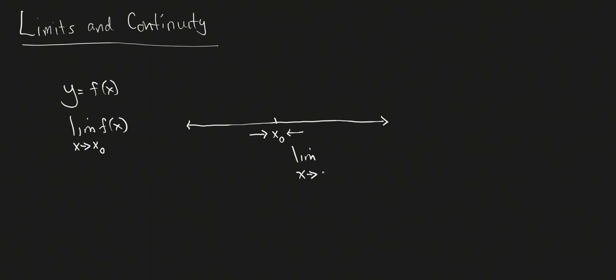So if we want to specify that we're approaching x0 from the right, then we would do that, and say, what's the limit of our function when x gets closer and closer to x0 in this direction? And similarly, if we specify this direction from the left, then that's where we come up with this notation.